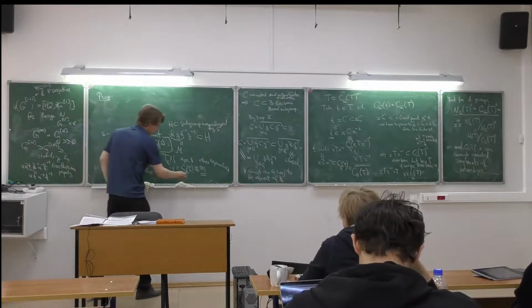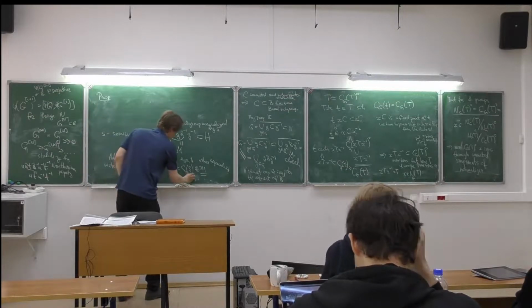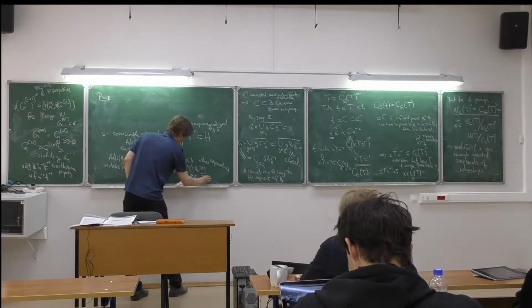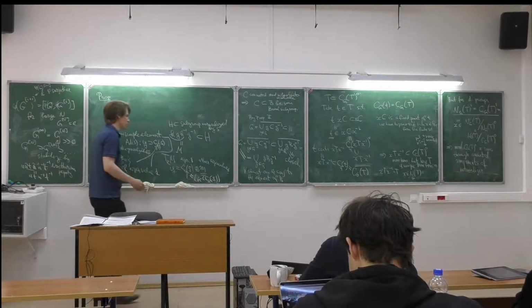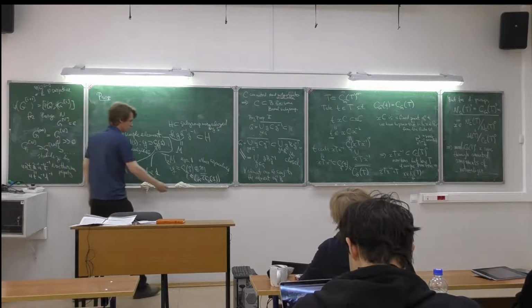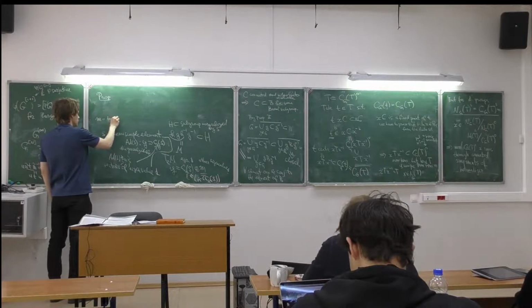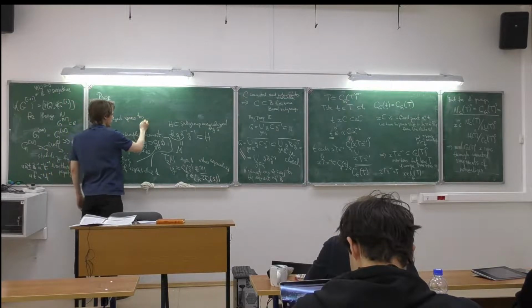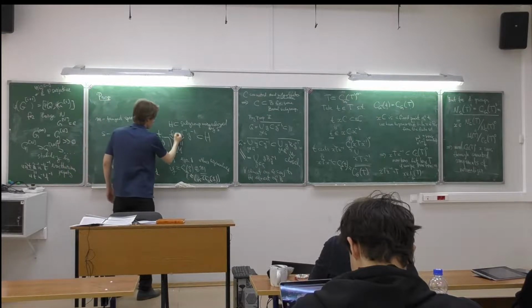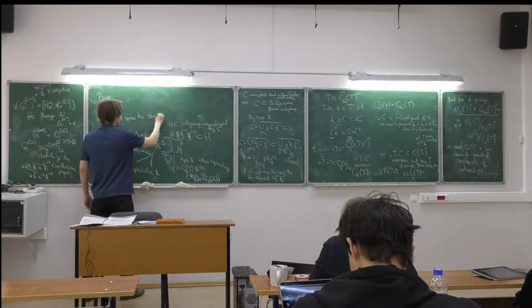This is the Lie algebra of the stabilizer of the element S in G. And we have already proved that M is precisely the tangent space to the orbit, the variety.